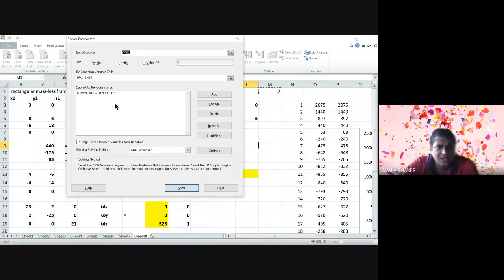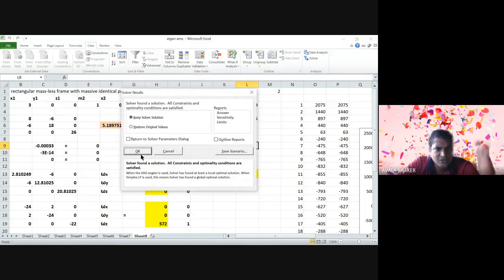Now I can just say solve it. Next time we can add a different situation here, and then you'll have to select and solve that part only. For the time being, I have only one subject to the constraint, so I'll say solve.